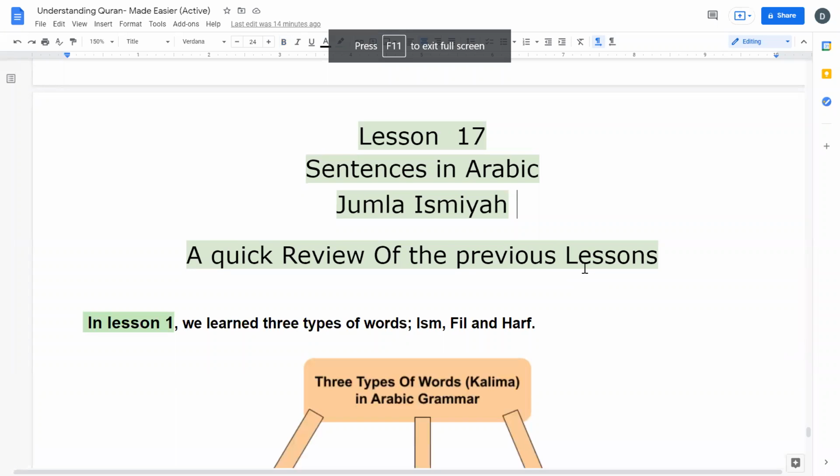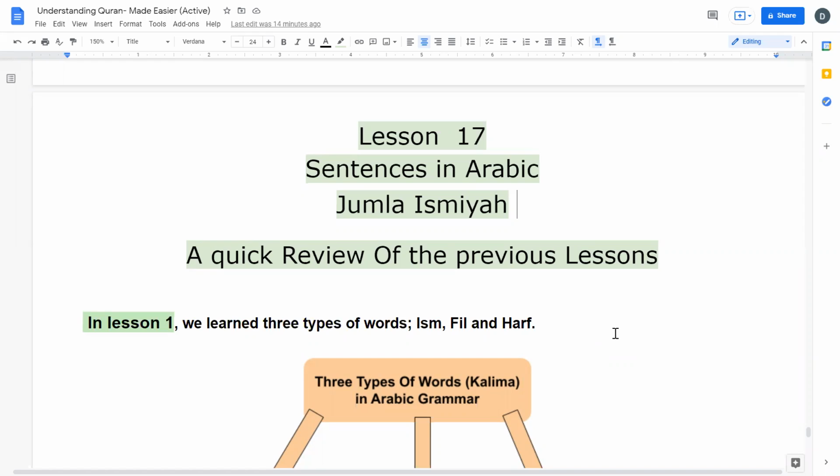Today, inshallah, we are doing lesson 17 of our series. And in lesson 17, today is like a big day for us, because now, inshallah, we are going to learn about sentences in Arabic.